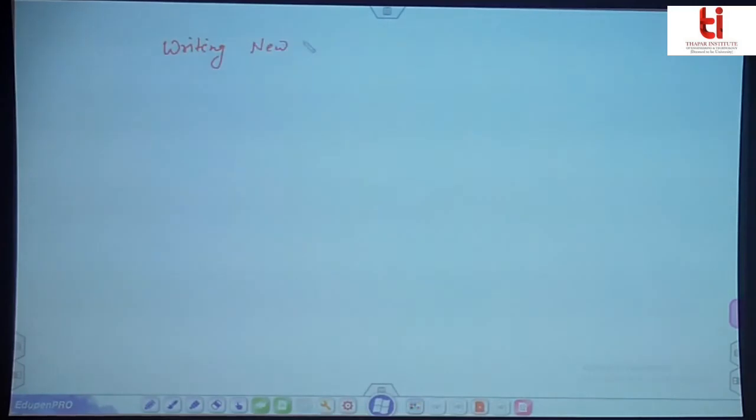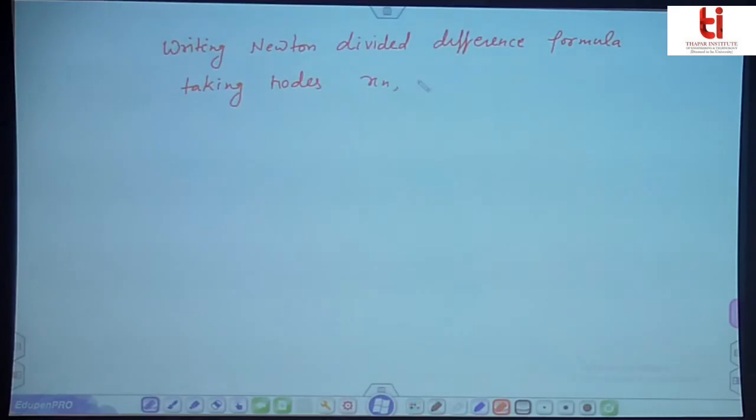So now writing the Newton backward formula, writing the Newton divided difference formula for polynomials, taking nodes from xn to x0: xn, xn minus 1, up to x0. So what is the formula?